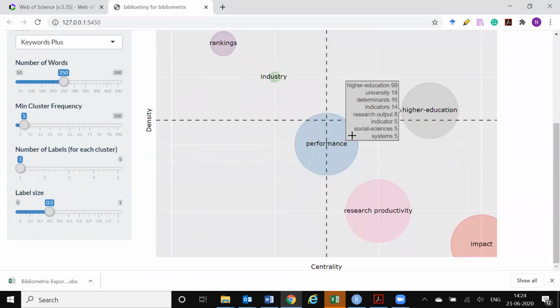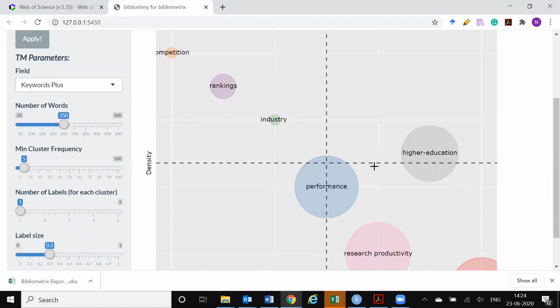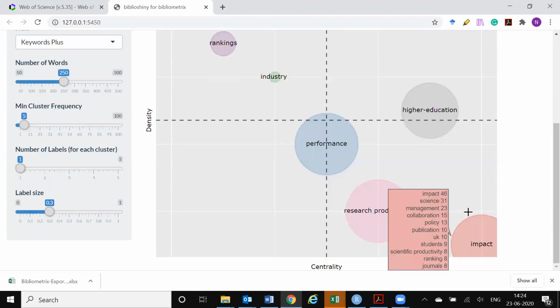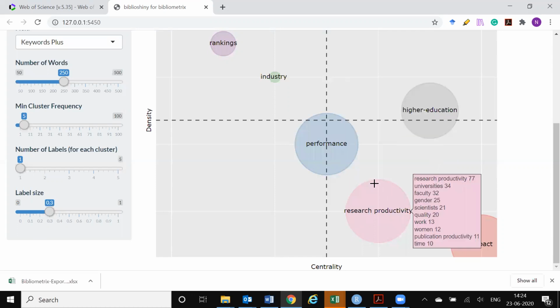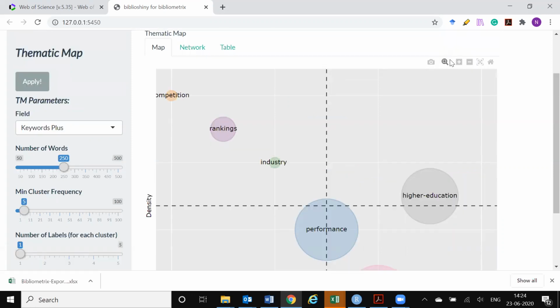These are more of the popular themes where the development is high, but the importance is continuing to increase, and themes generally tend to move from here to finally this quadrant. And research productivity, impact is a theme which will tend to, over a period of time, move in the diagonal direction to this stage.